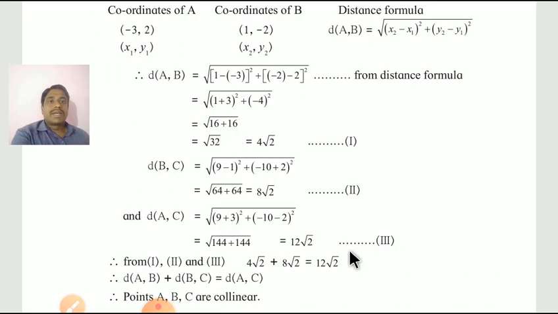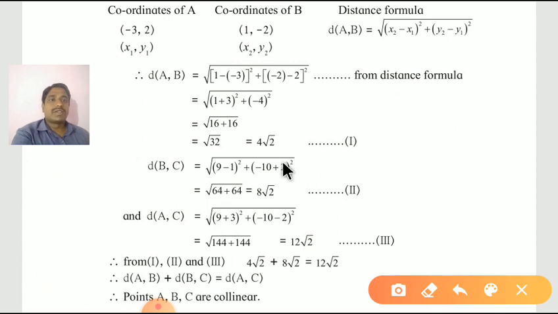Using the distance formula for AC, x2 minus x1 is 9 plus 3, bracket squared, plus -10 minus 2, bracket squared. 9 plus 3 is 12. 12 squared is 144, and -10 minus 2 is -12, and 12 squared is 144. Again we can write the root of 144 times 2, that means 12 into root 2. It is equation number 3.